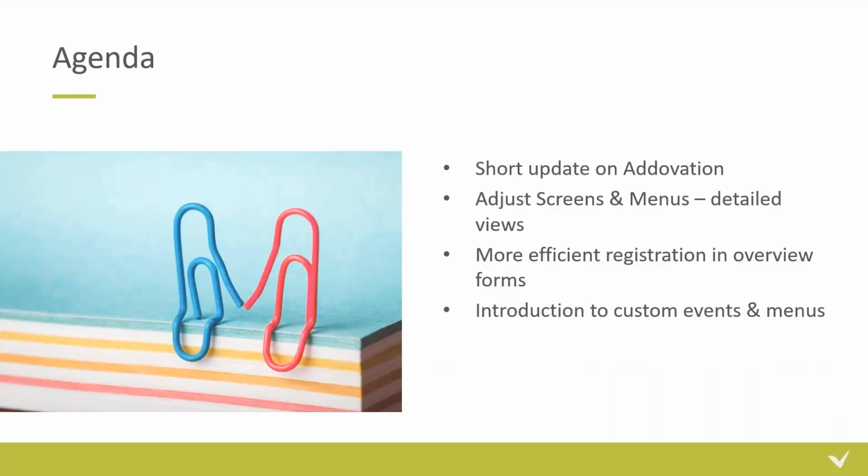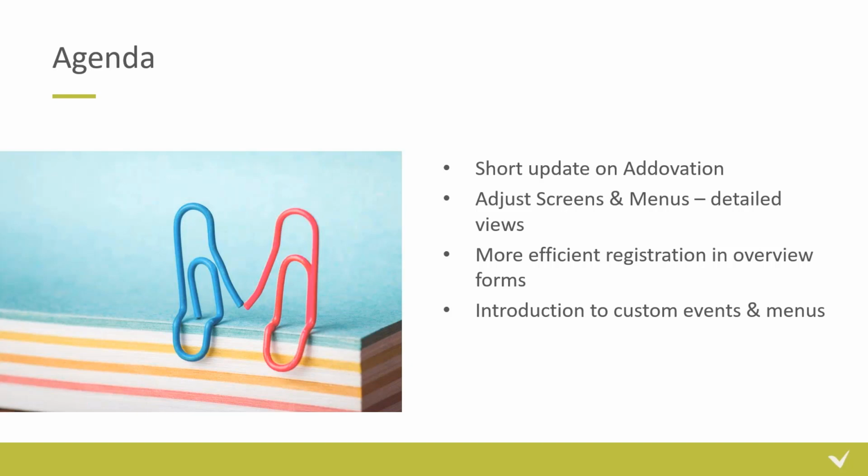I will move on to the agenda. First of all, we will have a short update on Adovation. Most of you might recognize this, but it's good to have a basic knowledge of what we do at Adovation. Then we will go through how to adjust screens and menus with the focus on detail views.